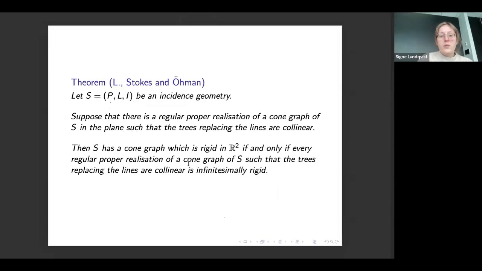All right, so suppose you have a regular proper realization of a cone graph of the instance geometry in the plane such that the trees replacing the lines are collinear. So basically you have a rod configuration which satisfies this regularity condition. Then your instance geometry has a cone graph which is rigid in the plane if and only if every regular proper realization of a cone graph of the instance geometry, such that the trees replacing the lines are collinear, is infinitesimally rigid.